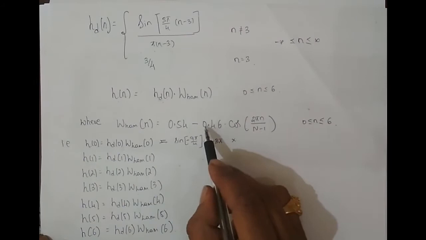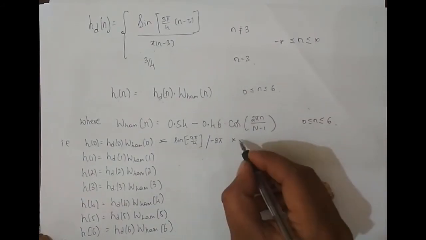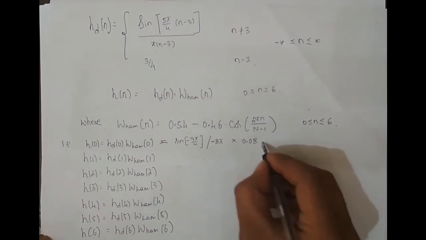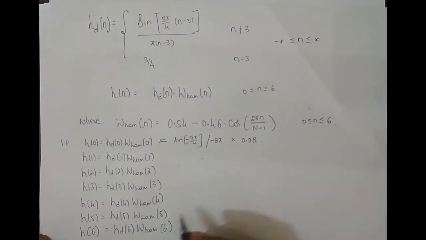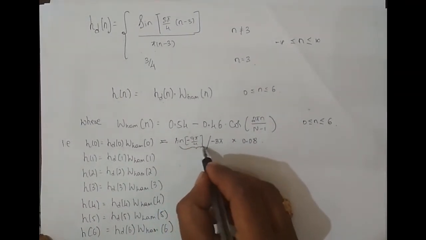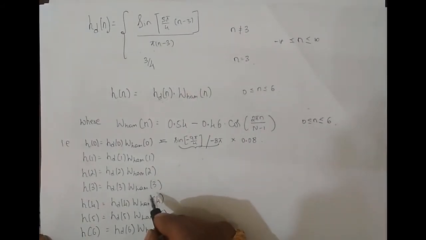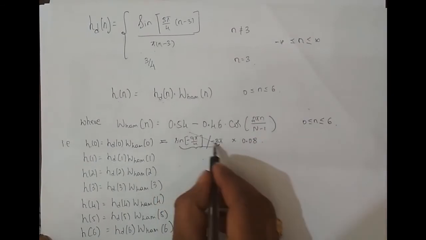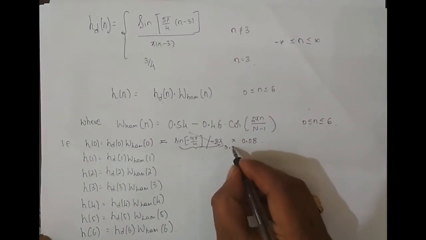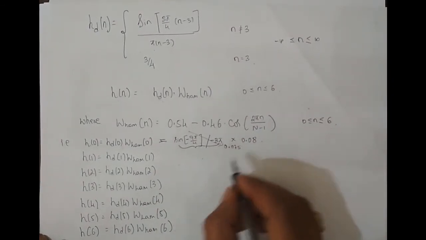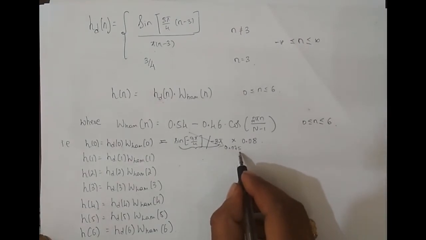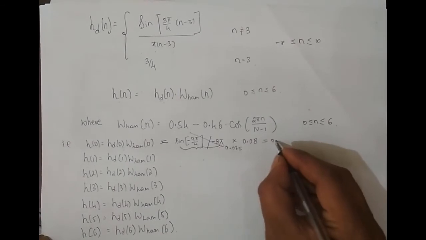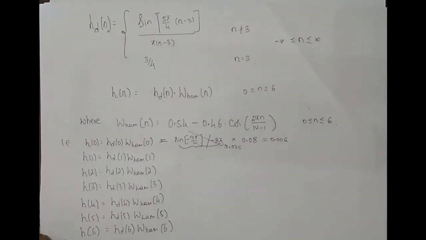So 0.54 minus 0.46, so we end up with 0.08. Fine. And this answer we get 0.075. So 0.075 into 0.08, so we end up with 0.006.